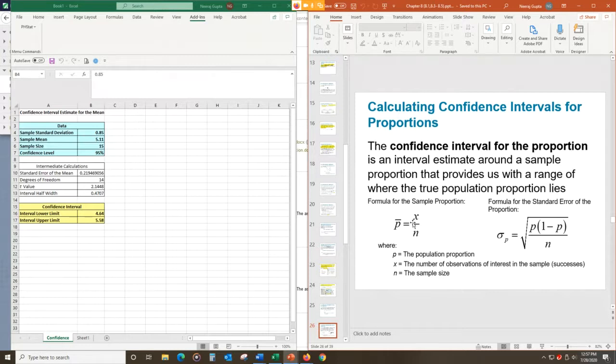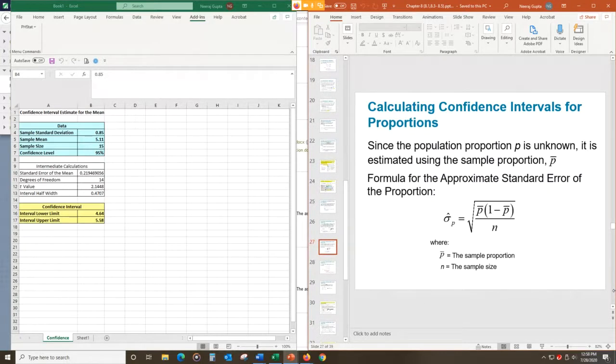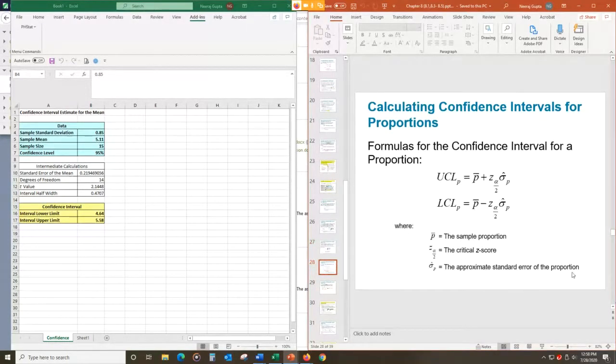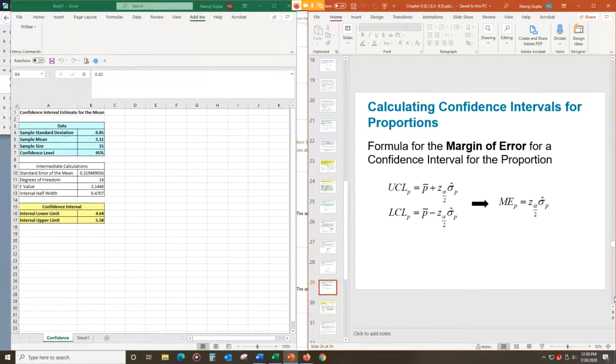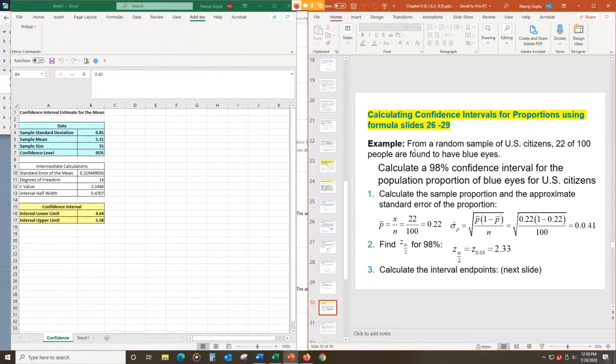That's how I get x, and that's what I will be needing in my window. The standard error is needed for intermediate calculation, you do not have to worry about this formula. It is just for your understanding. You don't have to worry about any of these formulas, and then we will just do the calculation from PHStat.